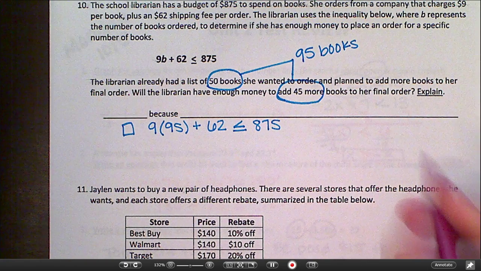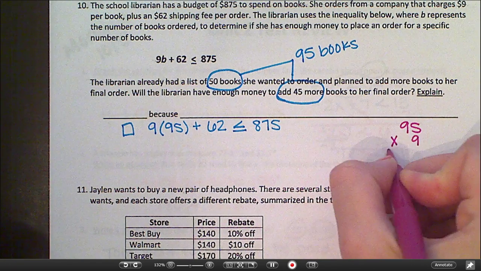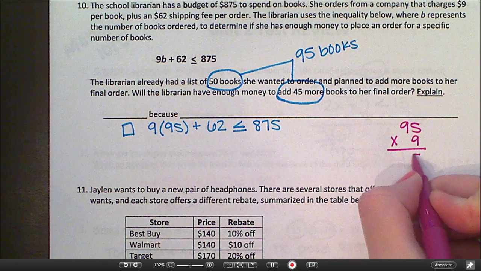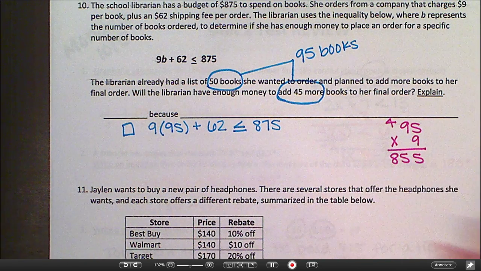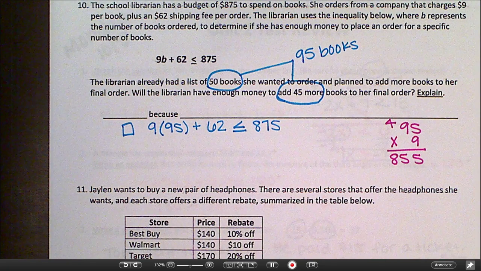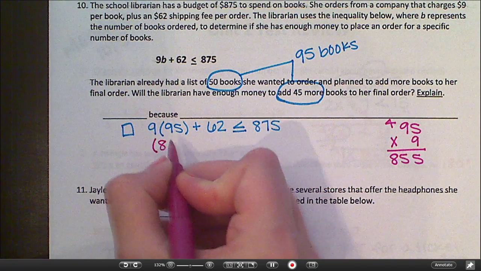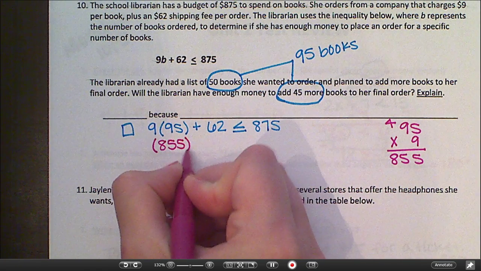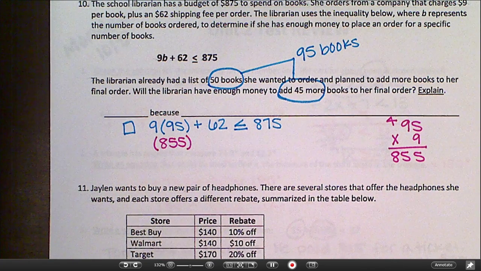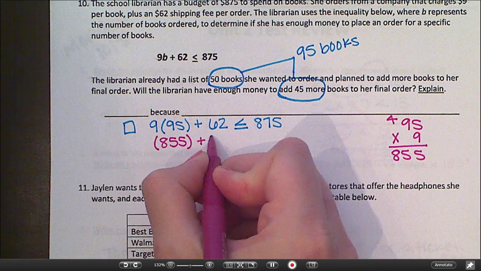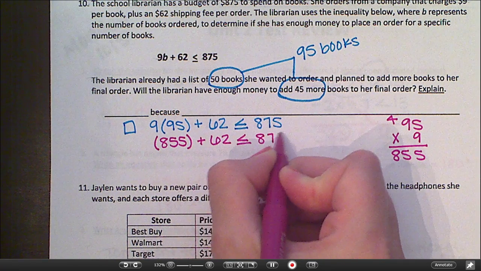Go ahead on your paper and find out what 95 times $9 would be. You need to have this worked out. Please don't just write down my answer. So for the books, if the librarian buys 95 books, just the books are going to cost $855. We still have to add on our $62 for shipping. So let's check this.